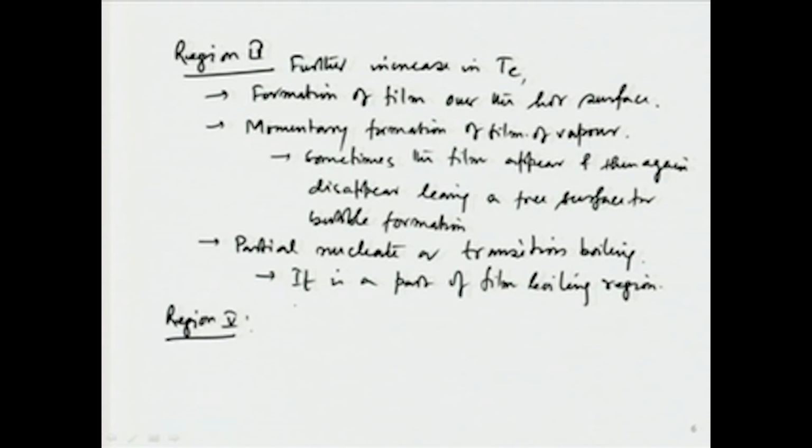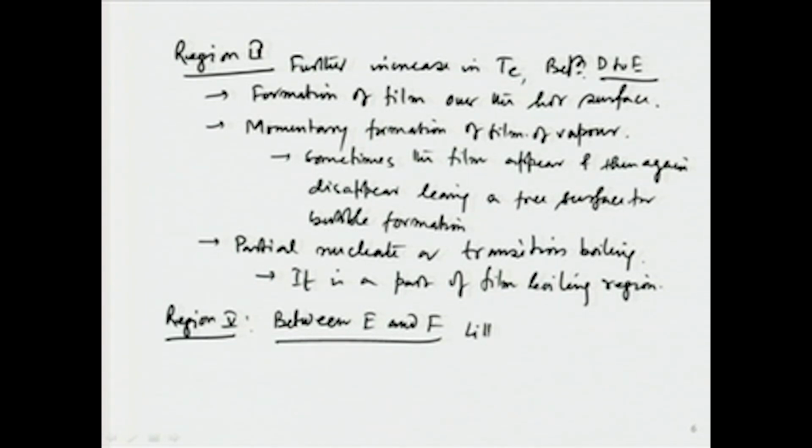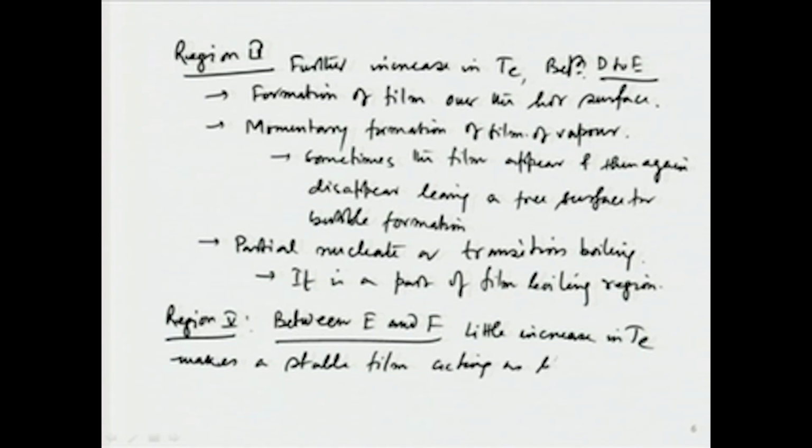So, region 4 is between D to E, and region 5 is between E and F, and here in this region, a little increase in TE makes a stable film acting as a stable and permanent blanket of vapor on the hot surface. Okay.